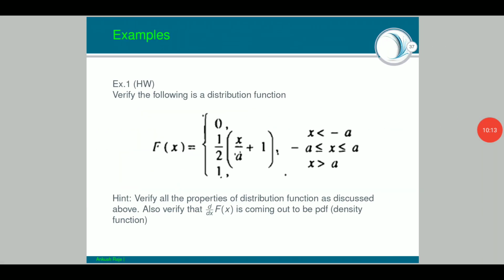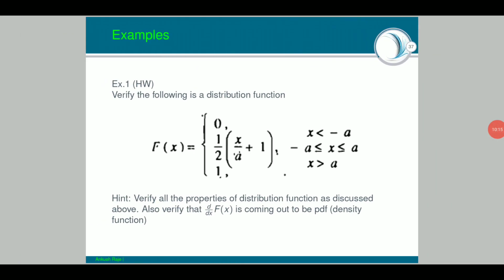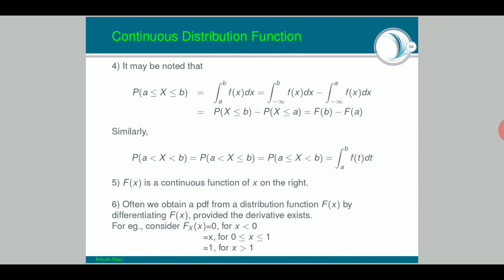Right? Example 1. The first example itself I have given as homework because it is very straightforward. Just practice it. Verify that the following is a distribution function. Fx is equal to some function, which they have split into three parts: x less than minus a, minus a less than or equal to x less than or equal to a, and x greater than a. The hint is to verify all the properties of a distribution function as discussed above. We have seen some properties of a distribution function here.